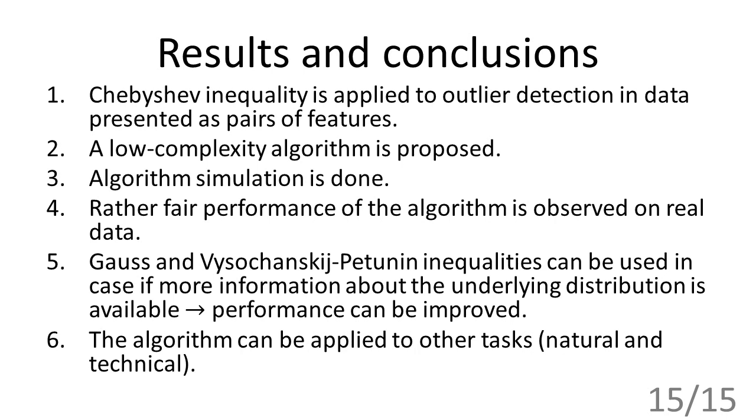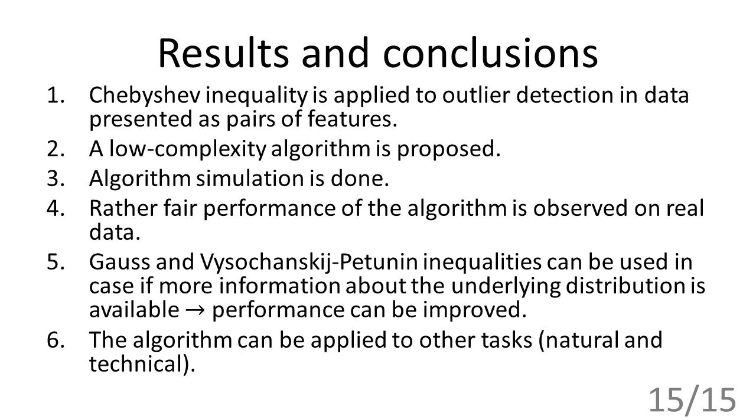However, even this performance could be improved. As we remember, the Chebyshev inequality we used is applicable to a wide class of distributions. However, if we know more about our data, for example, we know that our data is distributed unimodally or even probably normally, we can use Gauss or Vysochansky-Petunin inequalities.